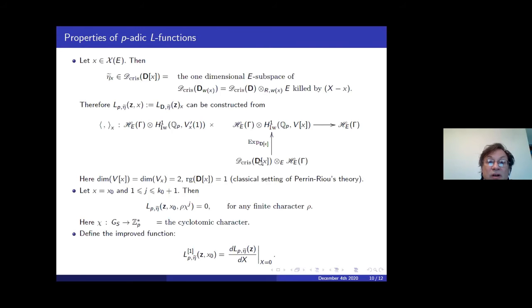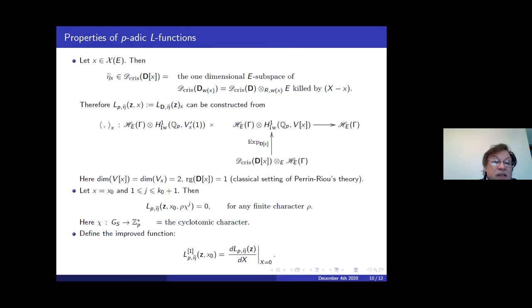So this is exactly classical Perrin-Riou's construction. To sum up this property, we can specialize our two-variable P-Adic L-function at x. We get some classical Perrin-Riou's style P-Adic L-function.